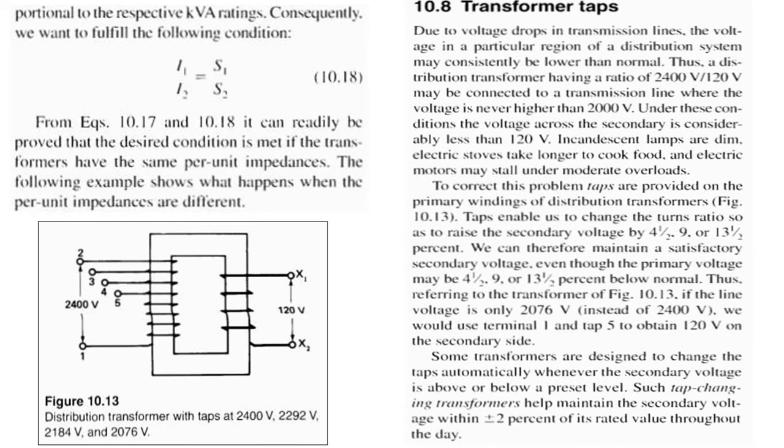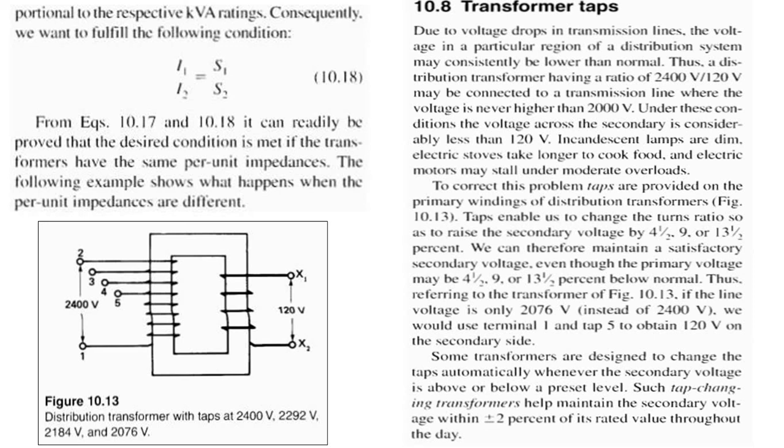Under this condition, the voltage across the secondary is considerably less than 120 volt. Incandescent lamps are dim. Electric stoves take longer to cook food. Electric motors may be under moderate overloads.